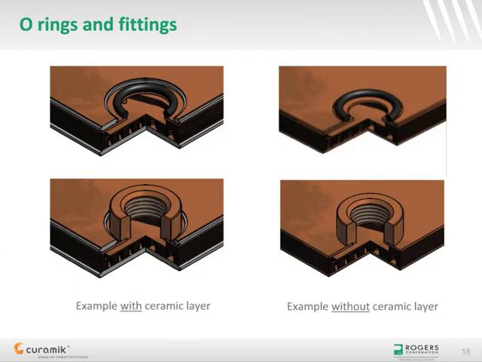These fittings are optional and O-rings in dedicated pockets can be used instead. This decision will be left up to the customer during the design phase. As can be seen on this slide, design rules for both isolated and non-isolated coolers with either O-rings or fittings can be provided to customers in order to guarantee a hermetic and reliable connection with the cooling circuit.